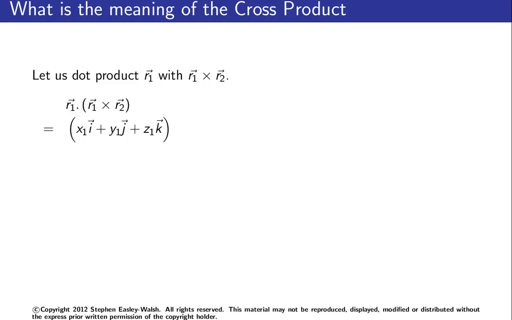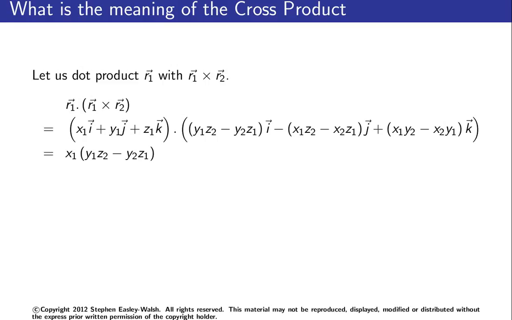Now, what is the meaning of the cross product? It's a very particular rule. It's a very big rule. Why is it so useful? Well, let us dot product R1 with R1 cross R2. So I take R1 and dot it with my R1 cross R2 vector. That's x1 times (y1 z2 minus y2 z1), and then you go on to the j part, and then the k part.